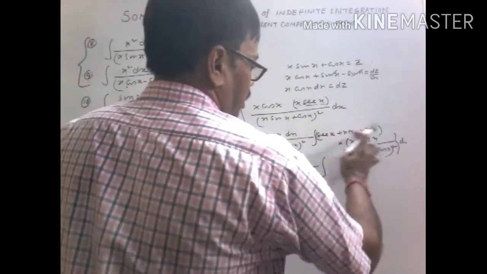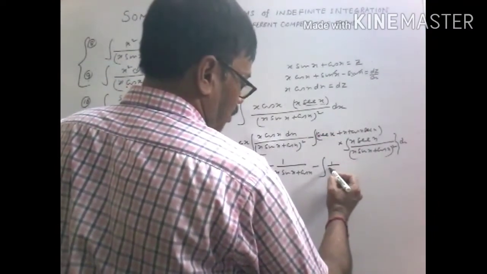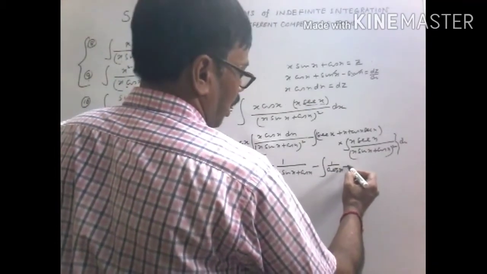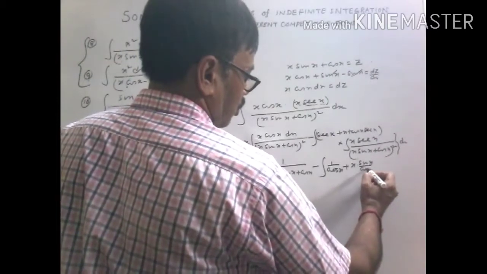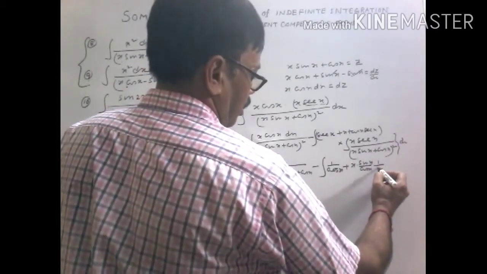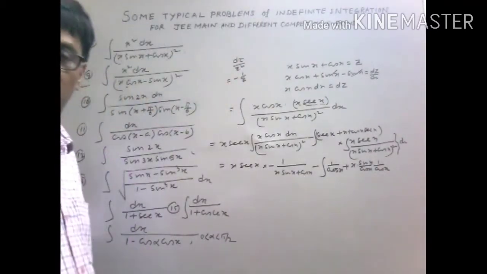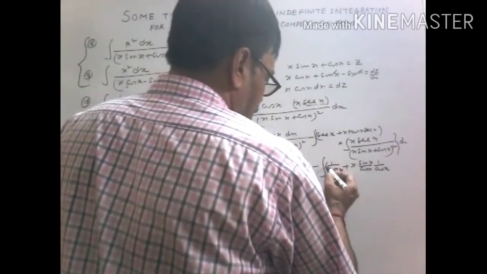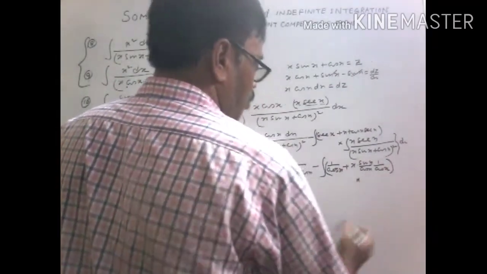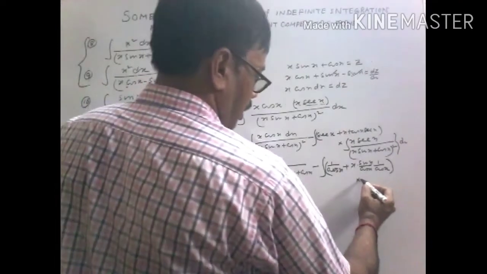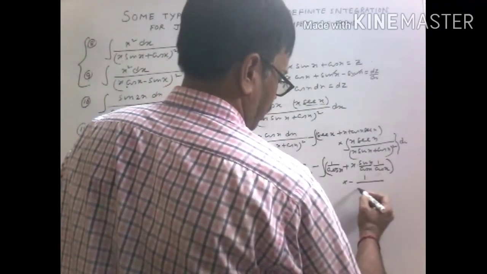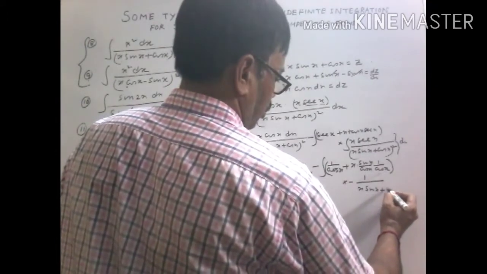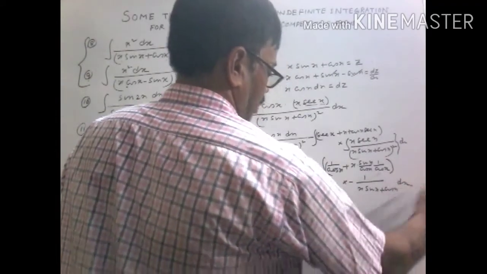Minus, if we write it in terms of sin and cos, 1 by cos x plus x sin x by cos x into 1 by cos x. So this is the simplification of this into integration of this, minus 1 by x sin x plus cos x, total dx.